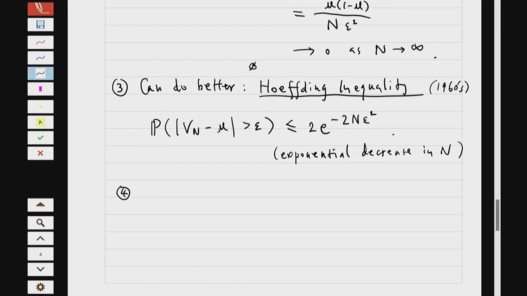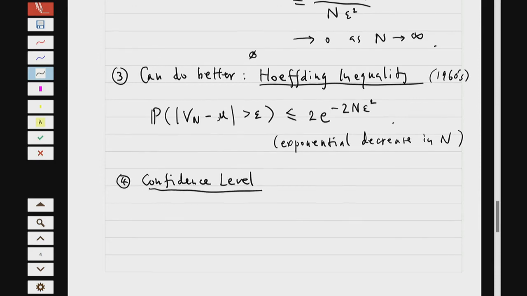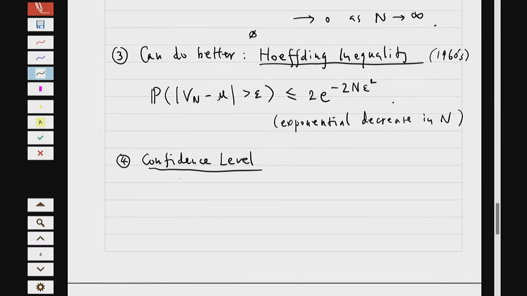Now we can go a bit further to talk about the confidence level. So basically, when it's probably approximately correct, how confident are we that we have this level of approximation? So, confidence level. If I plot the PDF, the density of Vn, this random variable. Remember, Vn is a random variable.